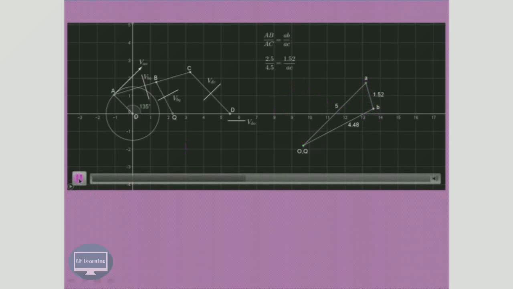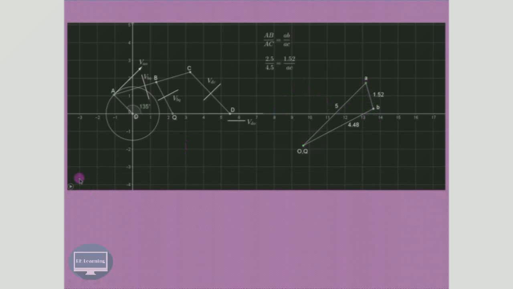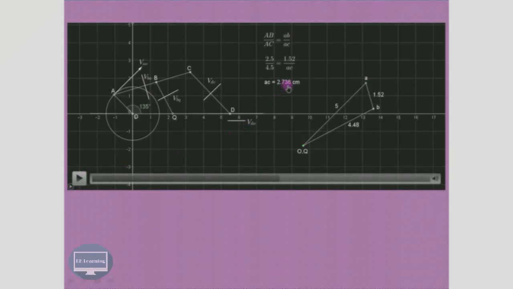If you calculate, the value of AC comes out to be 2.736 centimeters. So from A, you have to locate the point C such that the length is 2.736 centimeters. So we'll get the point C over here, at a distance of 2.736 centimeters from A.